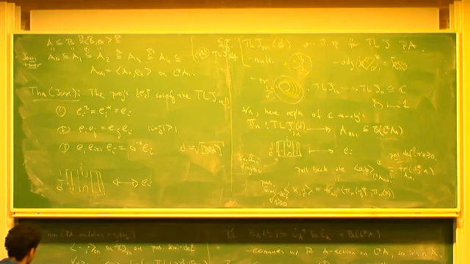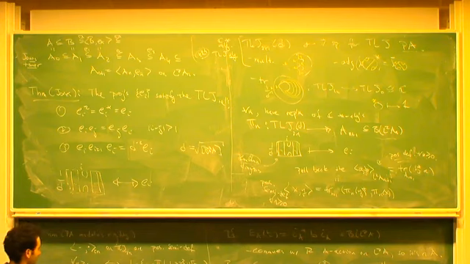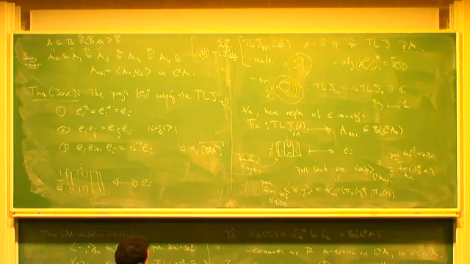The corollary to this is Jones index rigidity. It says that the index of a subfactor must lie in the set 4 cos squared pi over k, k greater than or equal to 3, up to 4 to infinity.